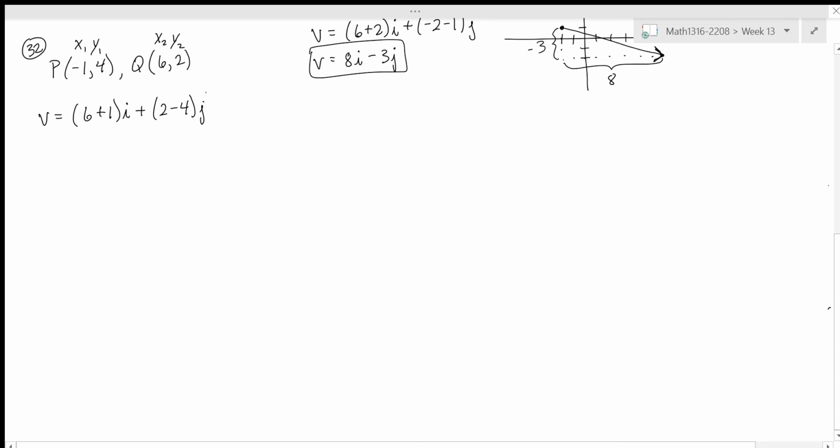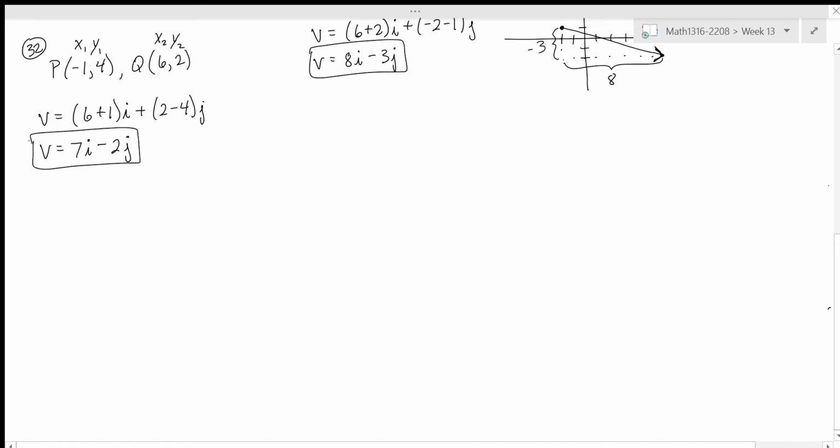Do y'all see it's just plug and play? 6 plus 1, 7i, minus 2j.